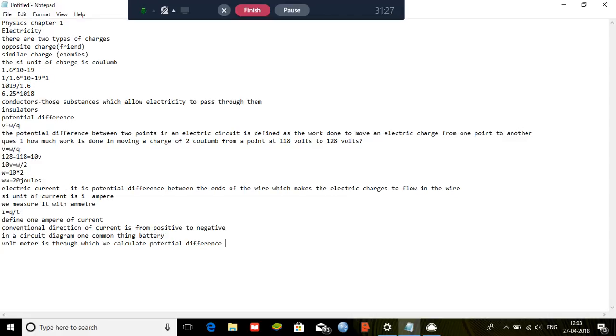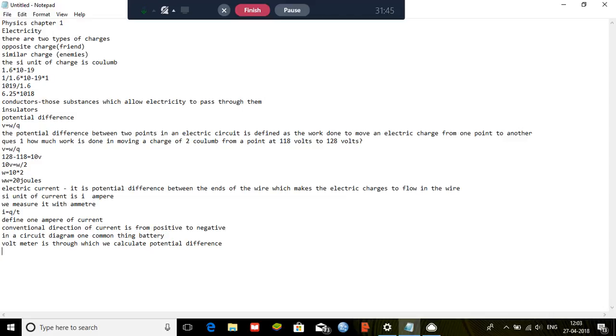And the ammeter, which I told you is a device to calculate the current, is always connected in series with that resistor.